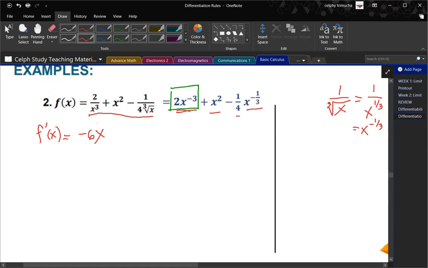That will be negative 4. Kay ma-minus kita. So negative 3 minus 1. Next, para sa aton x squared, anong iyang derivative?